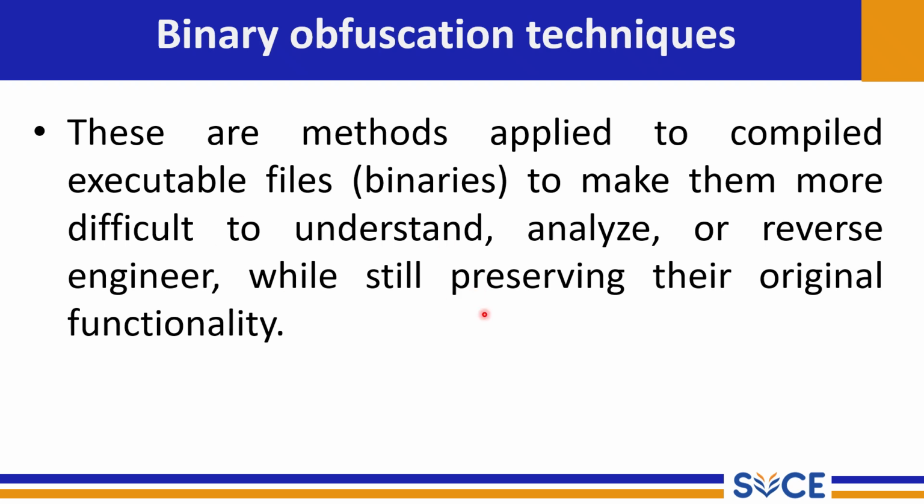Mainly, why do we go for file and binary obfuscation? First, protecting intellectual property. Developers may want to prevent competitors from reverse engineering their software and stealing proprietary algorithms or business logic.